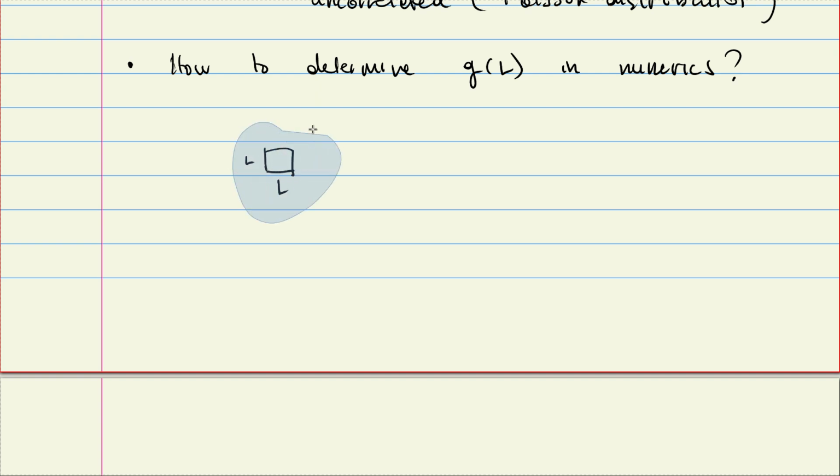But Thouless said, let's just repeat this many times. So I'm taking exactly the same block and repeating it many times, and each block has the same disorder.